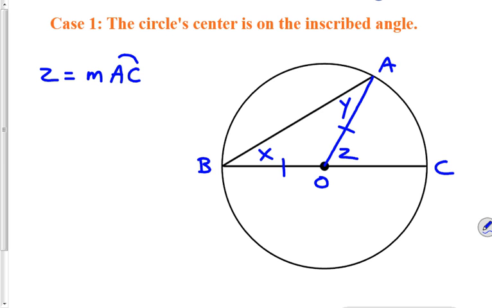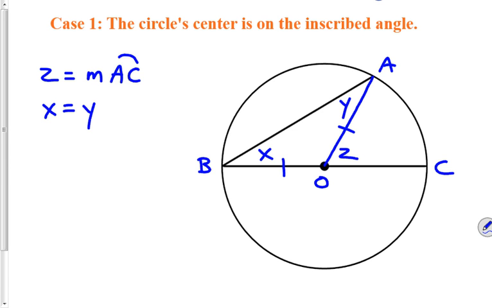We also know that since we have isosceles triangle ABO, the base angles are congruent. Now X represents the measure of one base angle, Y represents the measure of the other base angle, and if the angles are congruent, then we know the measures are equal.